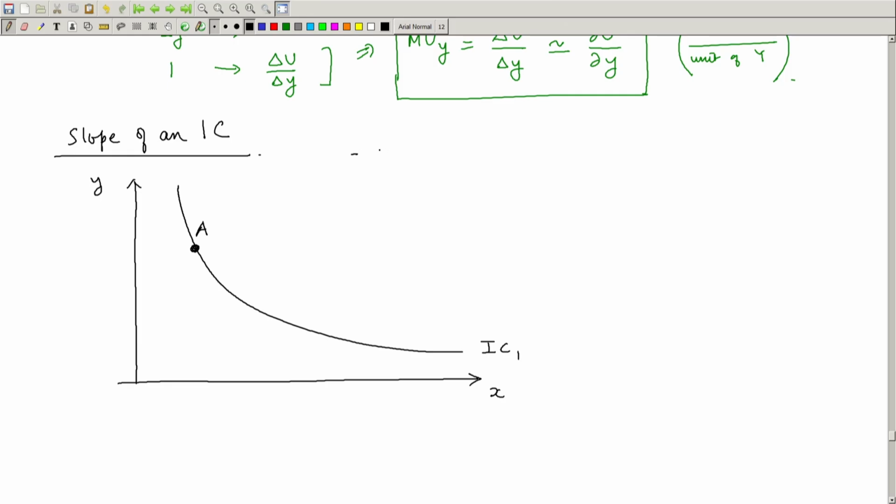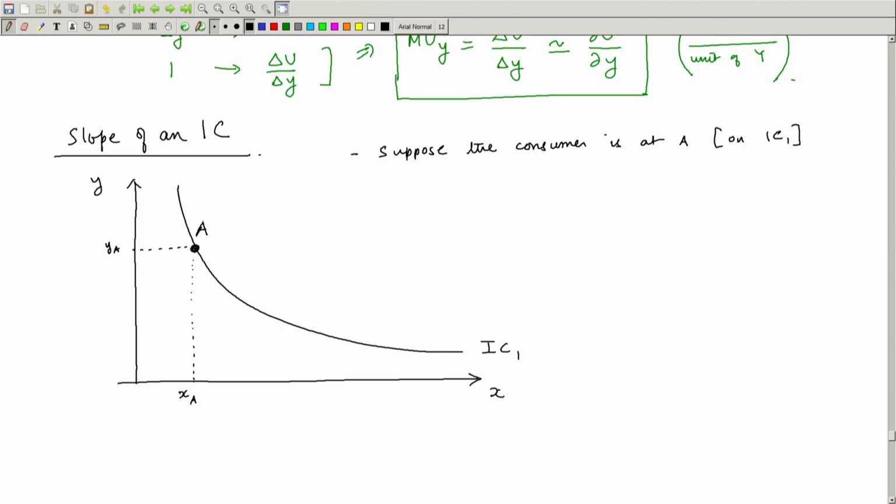So, suppose the consumer is at A, he is on the indifference curve IC1, right, and at the point A, notice he is consuming some amount of good x and some amount of good y, whatever those numbers are. Let me call this XA and YA, right. So, he is currently consuming XA quantity of good x, YA quantity of good y.